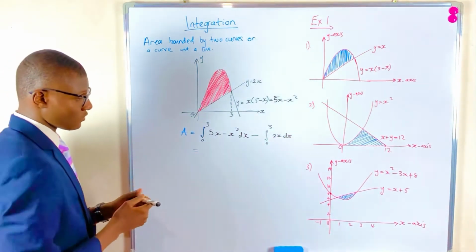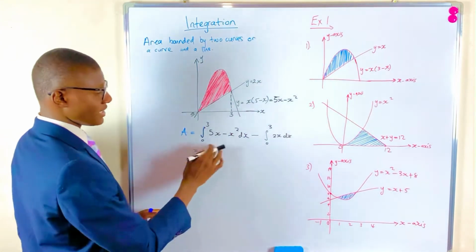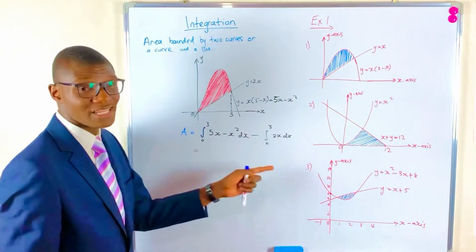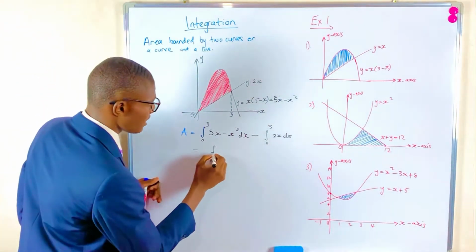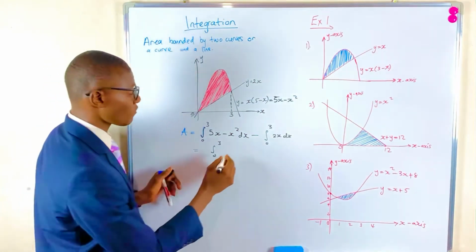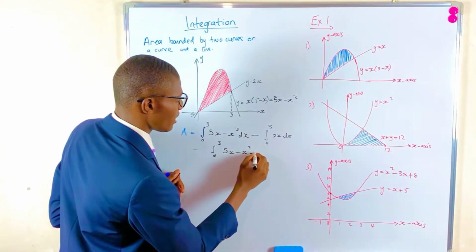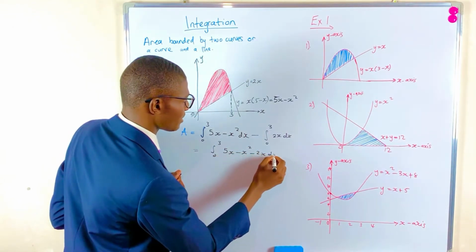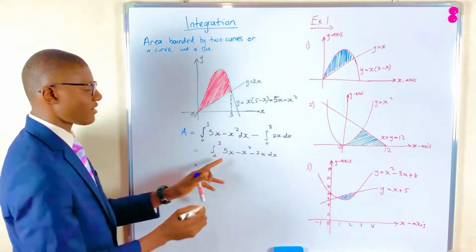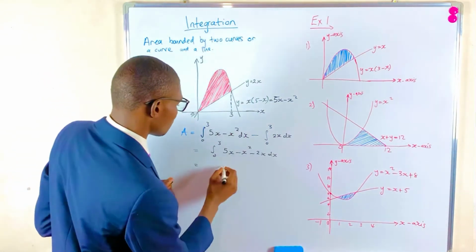Now we solve. We can combine these since the limits are the same: the integral from 0 to 3 of (5x minus x squared minus 2x) dx, and 5x minus 2x gives us 3x.